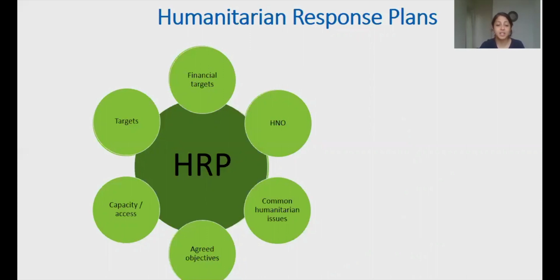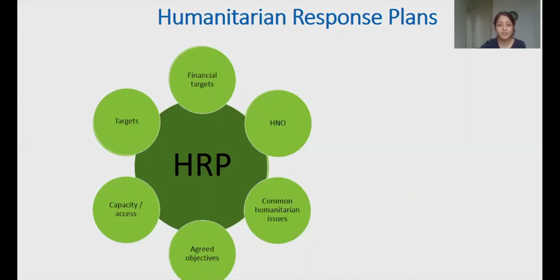They also articulate capacity and access issues. The humanitarian response plans also articulate the targets. What is the number of beneficiaries that the humanitarian community will seek to cover with an intersectoral response, and the financial targets. So essentially, the humanitarian response plans serve as an appeal to mobilize funding.